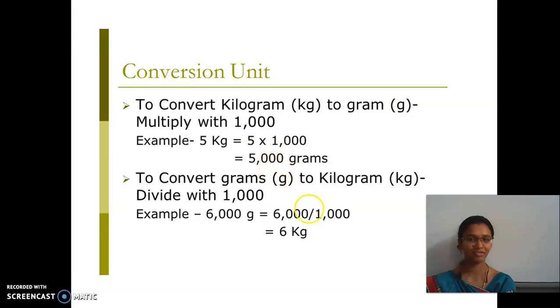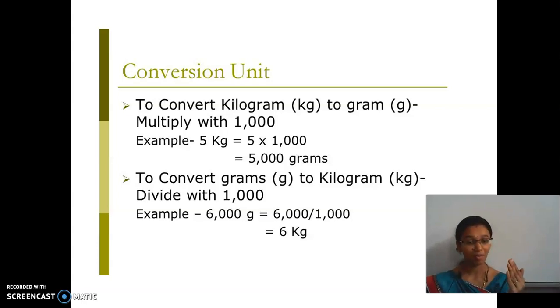Here an example is given for you. You want to convert 5 kilogram into gram. So 1 kilogram is equal to 1000 gram. You just multiply 1000 with that 5, and you will be getting 5000. And then converting grams to kilogram, you want to divide.